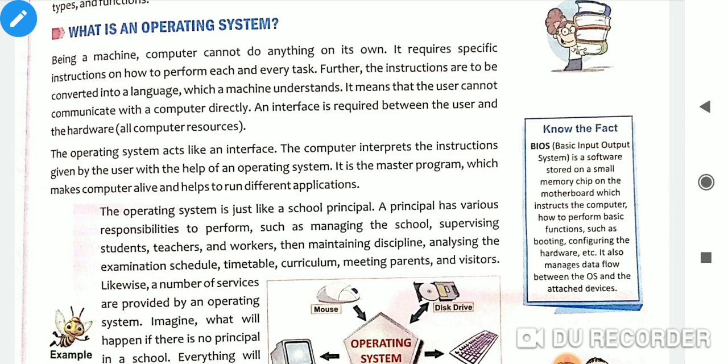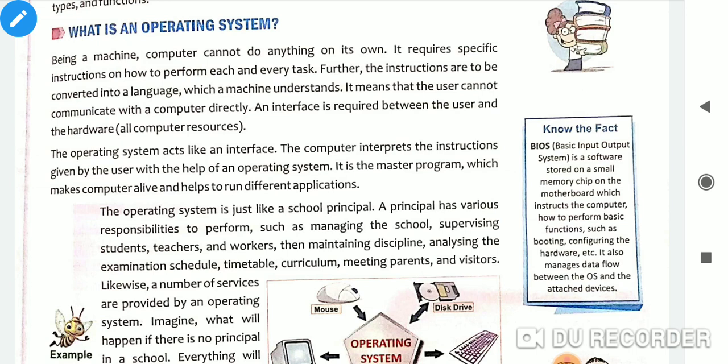And we as humans can understand only human languages like Hindi, English, Urdu, etc. So to communicate with the computer, there must be some mediator who can translate human languages to computer language or machine language, so that the computer can understand our instructions and do the specific work.